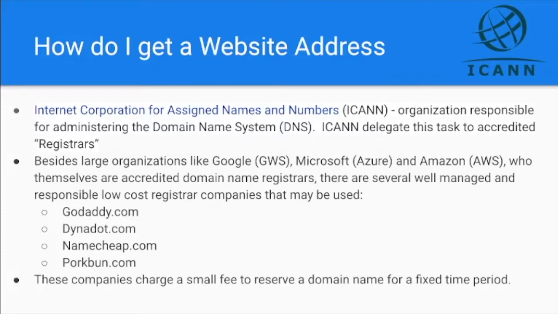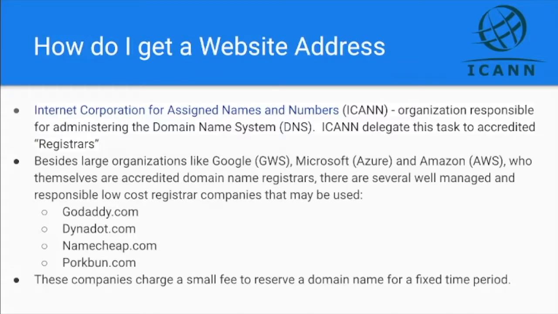And these companies charge a small fee to reserve a domain for a fixed period of time. And by small, I mean we're talking about $1 to $10 for the first year, and then maybe 10 to 20 for the second year, and then it's an annual fee. So it's less than $1 a month, basically, to have a name.